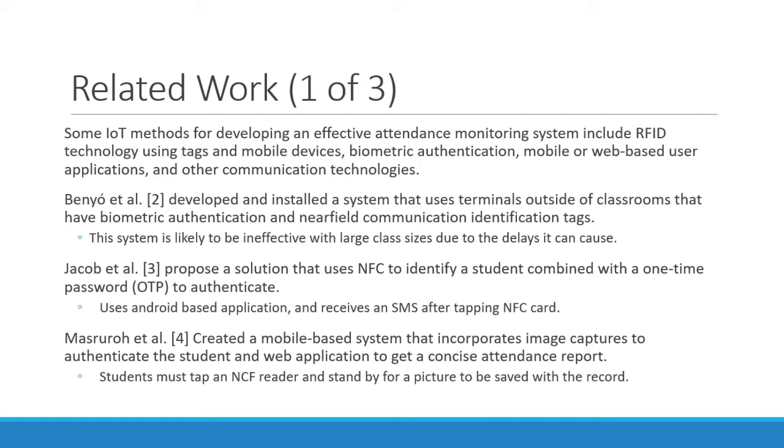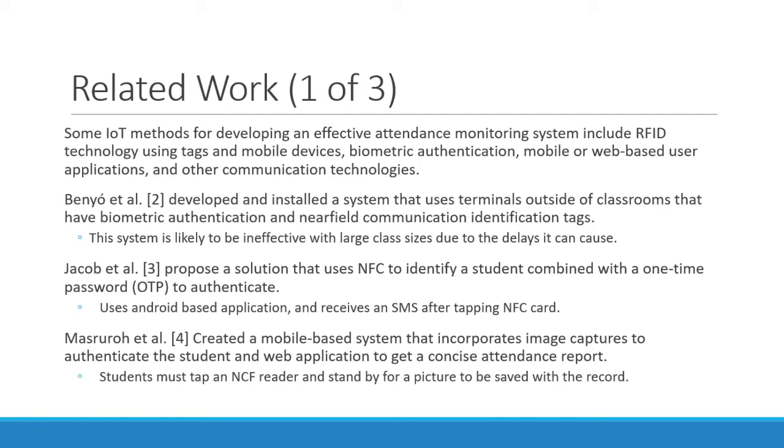Reference 3 and 4 propose solutions that use Android devices. They use Android applications. So reference 3 proposes a solution that uses NFC to identify a student, and also uses a one-time password to authenticate. So when the student enters the classroom, the professor has to have this NFC application open, and they tap their NFC ID on the phone.